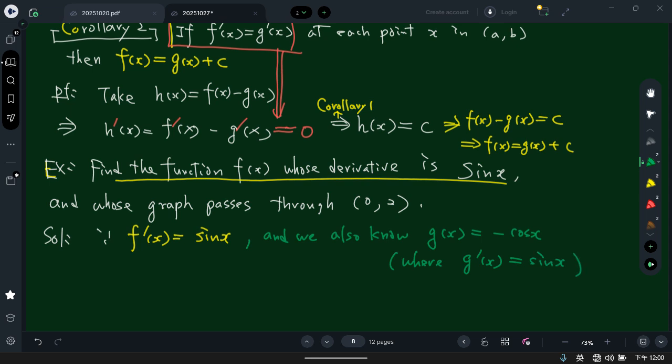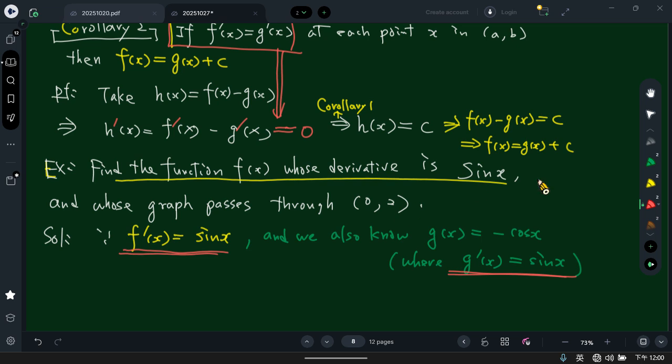If we assign g of s equal to negative cosine x and we take the derivative, then we can get sine x. Why do we do that? Because you can see they have the same derivative. Here is sine, here is also sine. So we can just try to apply the corollary to solve this problem.